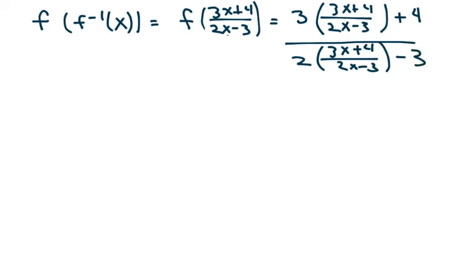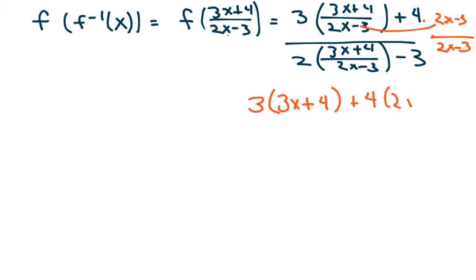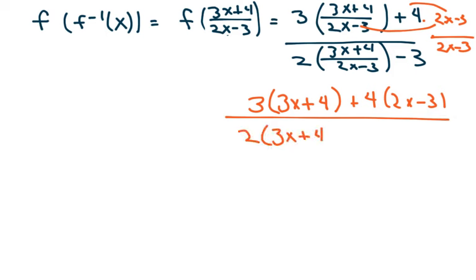Now what we're going to do here is multiply each piece by 2x minus 3. When you do that, these two will cancel, but you have to do this. So it's going to be 3 times 3x plus 4 plus 4 times 2x minus 3, because you have to distribute here. All over, we're going to do it again, 2 times 3x plus 4 minus 3 times 2x minus 3.